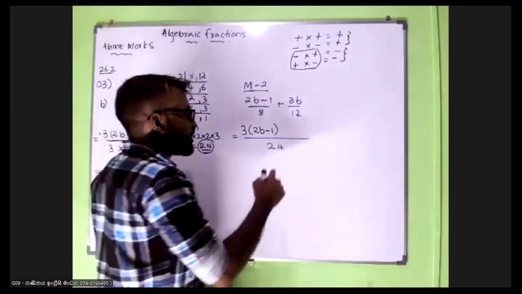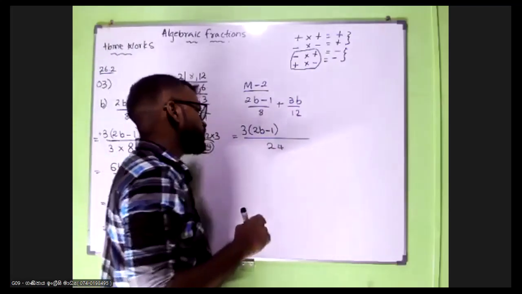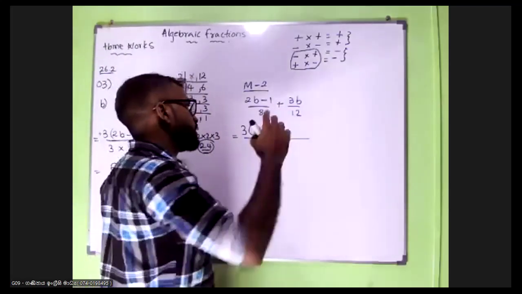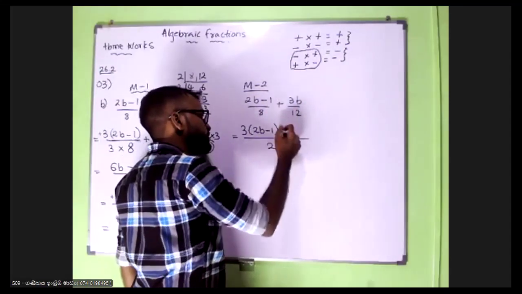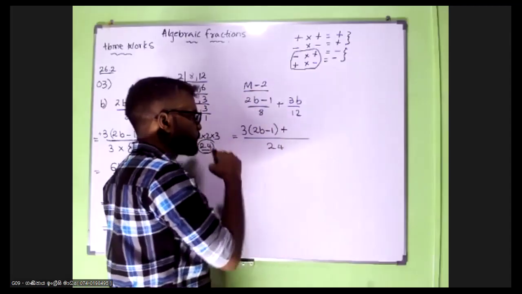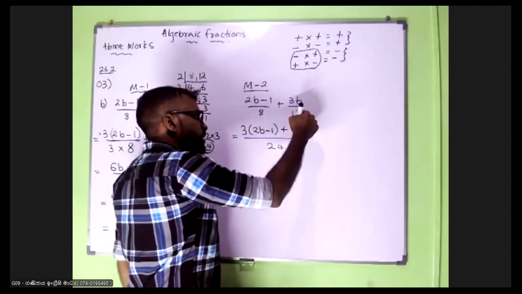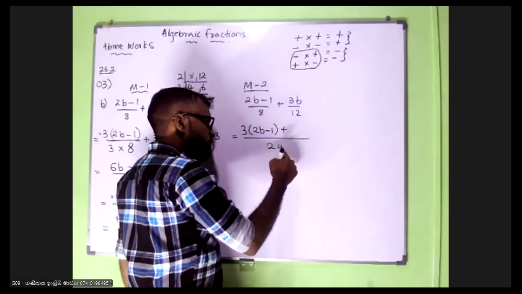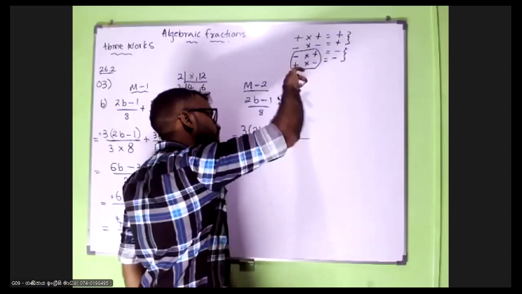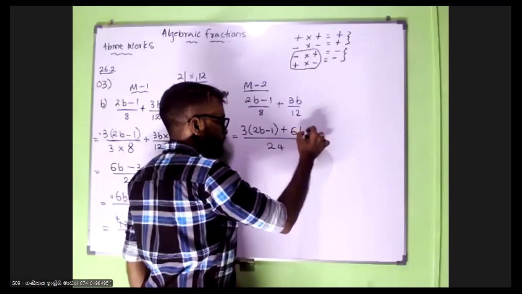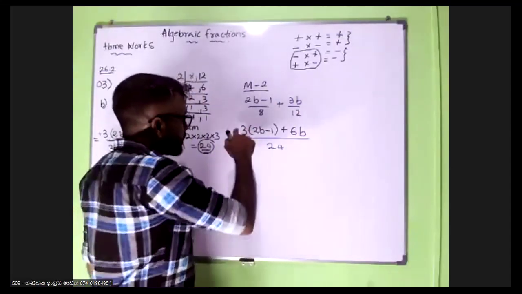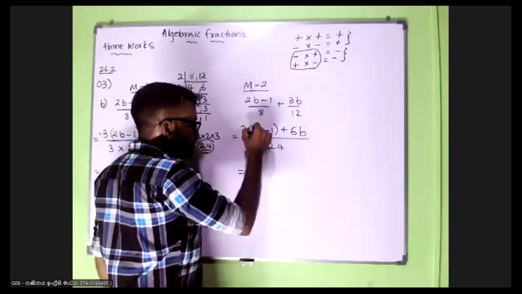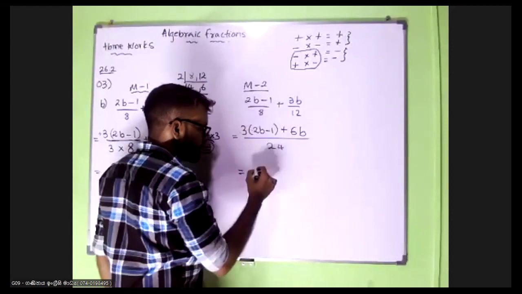How many 12s are there in 24? 2. 2 times the numerator. Before that, you have a positive sign. 2 times 3, 6b. Now you can simplify. 3 times 2, positive into positive, 6b.